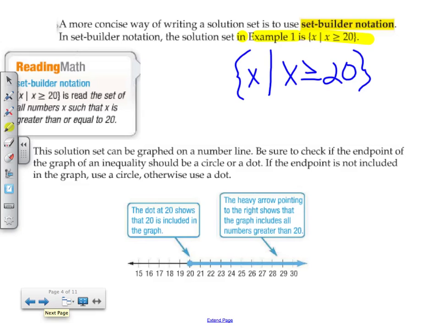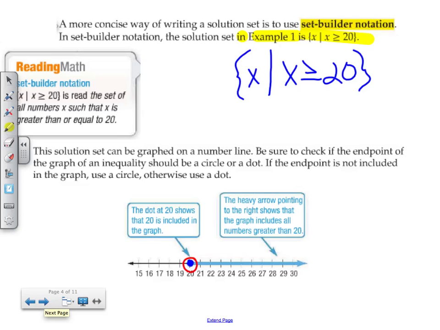All right? And that can obviously be graphed as well. And you'll remember when you're graphing it on a number line, we've graphed inequalities before. If it's equal to, you're going to have a solid dot on your number line. If it's just greater than, you're going to have an open dot on your number line.